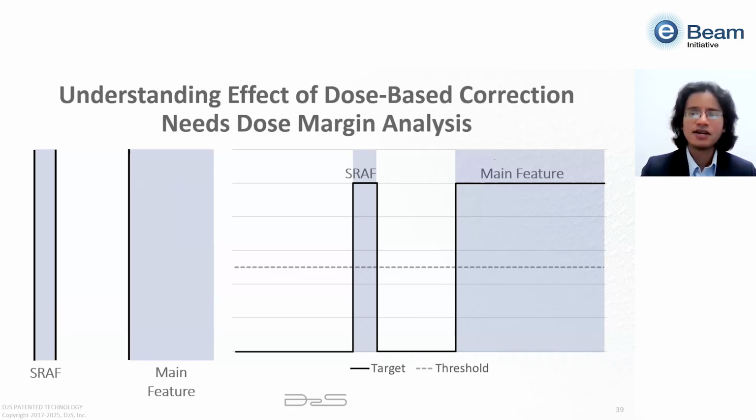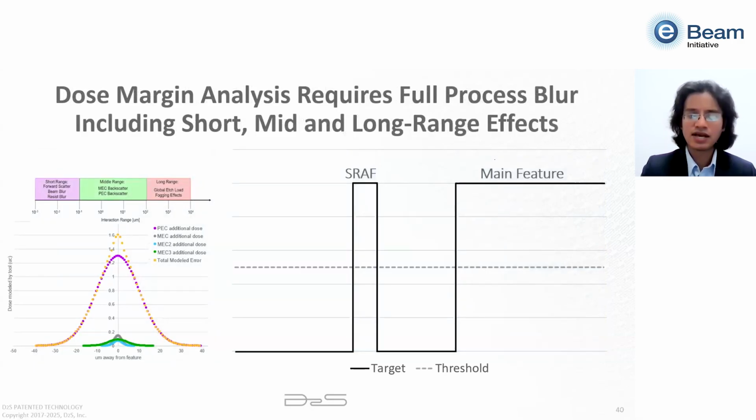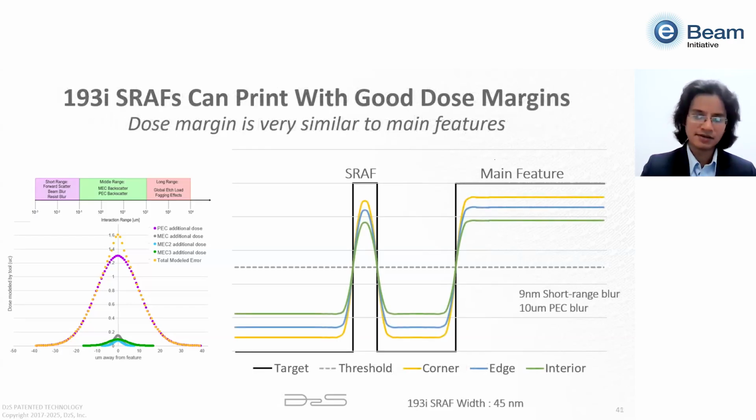Understanding the dose-based correction will require us to do some dose margin analysis. This analysis will basically require us to do a full short, mid, and long range effects corrections and simulations.